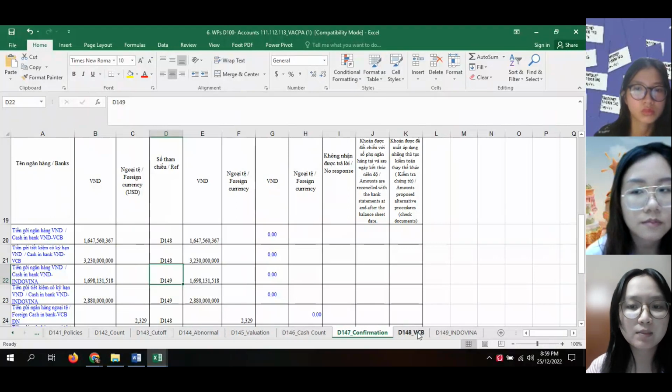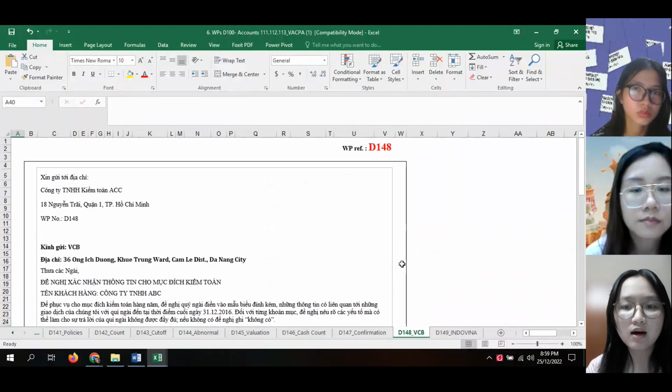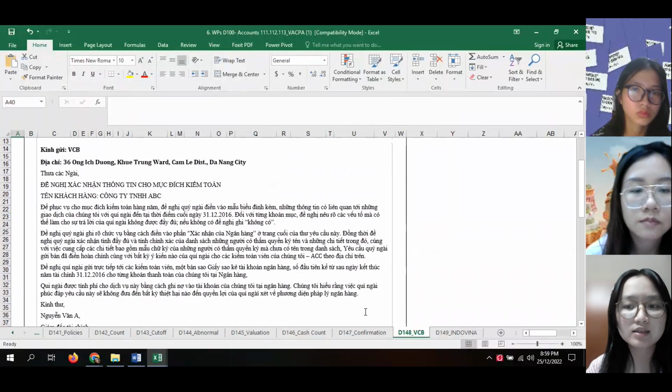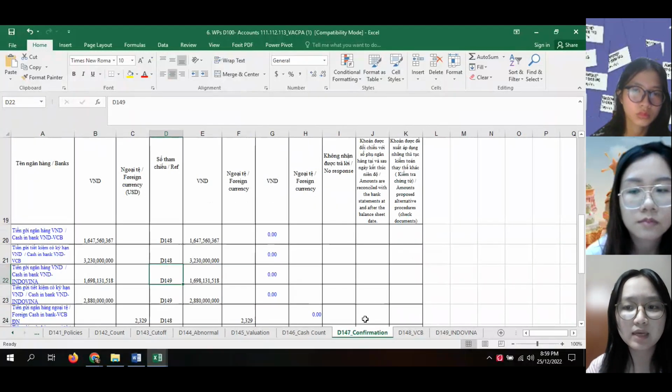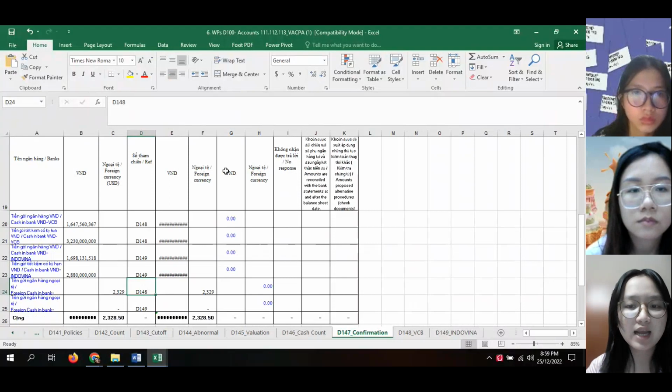And for this working paper, D147, inspect and reconcile the bank deposit balances, and record accurately, completely, and existently, are the objectives of this working paper. The information filled in this working paper is taken from sources of information such as the cash in bank ledger and bank confirmation letters.